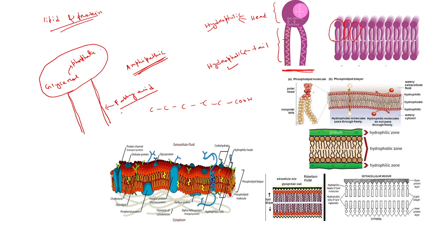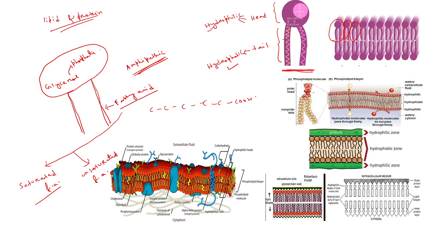The fatty acid can be of two types. One is called the saturated fatty acid, and the other is the unsaturated fatty acid. So what is the saturated fatty acid? That means in the fatty acid, if all the bonds are single bonds, then it is called a saturated fatty acid.